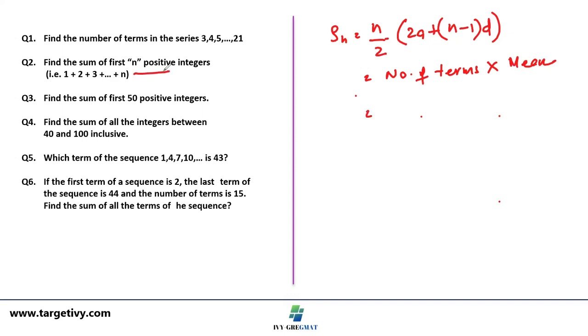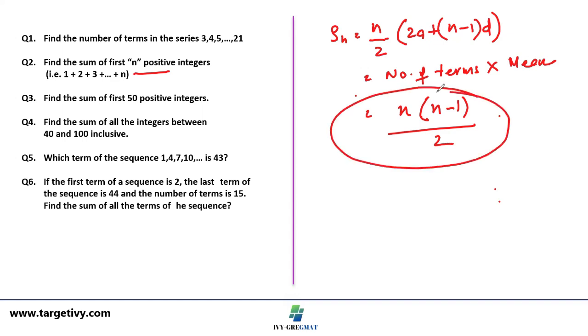First n positive numbers, n into n plus 1 by 2. Clear? We learnt it, the formula. Here is the place. This is the second question. So let's go for the third one.